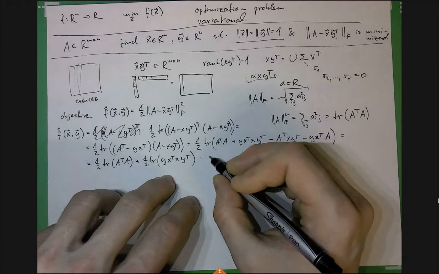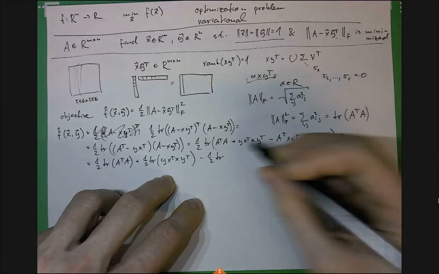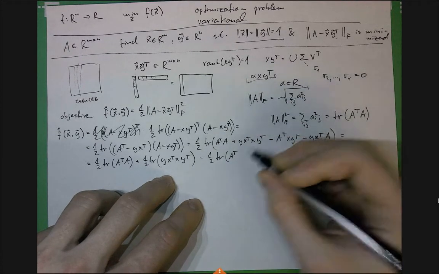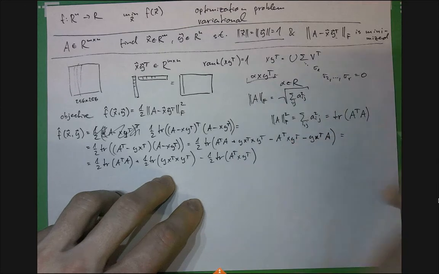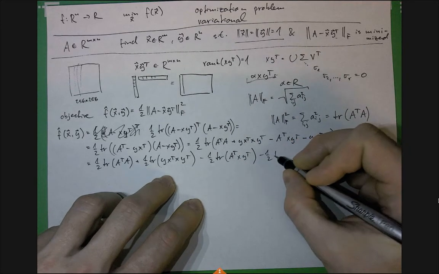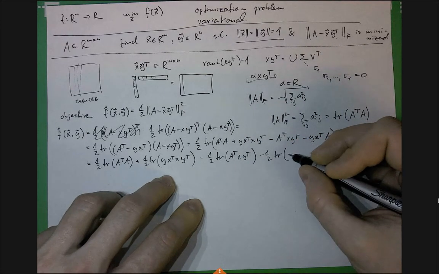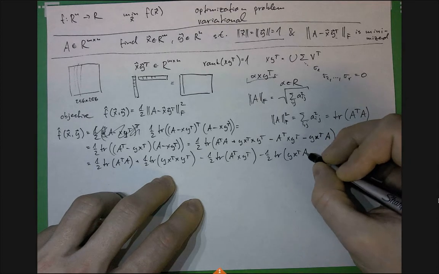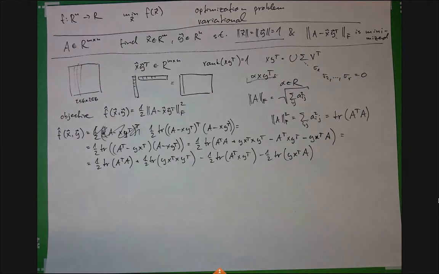And here I have minus 1/2 of trace A^T XY^T and minus 1/2 of trace YX^T A. Why could I do that, in one sentence? Because trace is a linear operator.